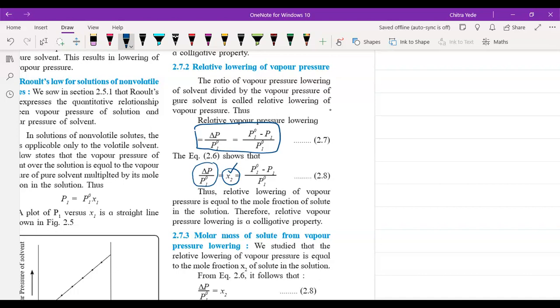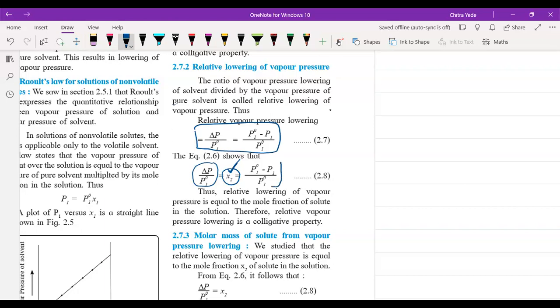So it totally depends on the mole fraction of the solute. That's why we can write the lowering, or relative lowering, of vapor pressure, because it relates only with the number of moles of solute.